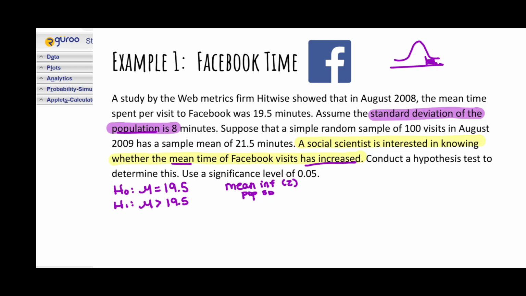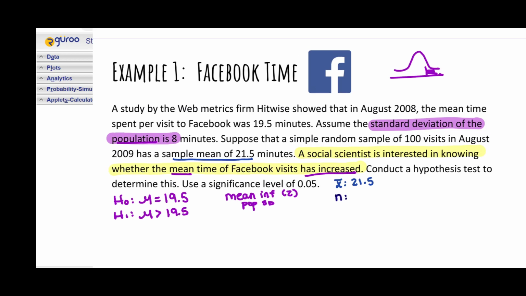So we need some input values. Things that Rguroo is going to ask for: sample mean. The sample mean was, it says, a simple random sample of 100 visits in August 2009 had a sample mean of 21.5. So X bar is 21.5. And then it's going to ask for the sample size.